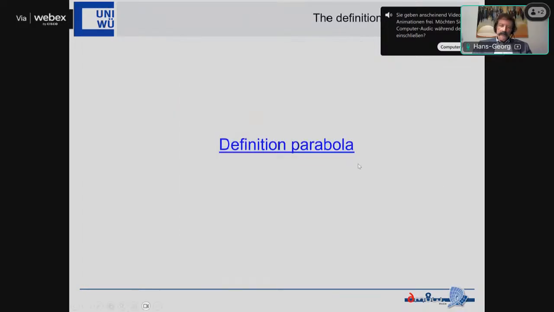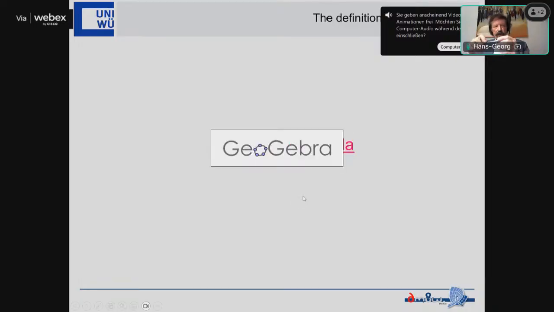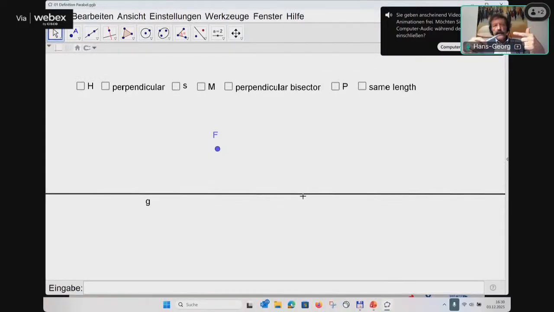And coming to the definition of the parabola, maybe I do, because nowadays in school, parabolas are only known as graphs of quadratic functions, but in a geometric way, parabolas are defined in another way.